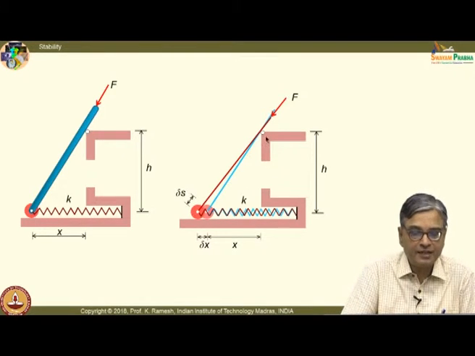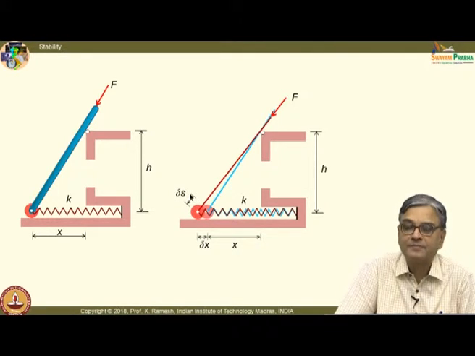For example, if the original length of this member is S, from this point to the roller here, when I visualize a virtual displacement, I must also recognize this length changes by a small measure delta S. So, I have to bring that from the geometry of the system.